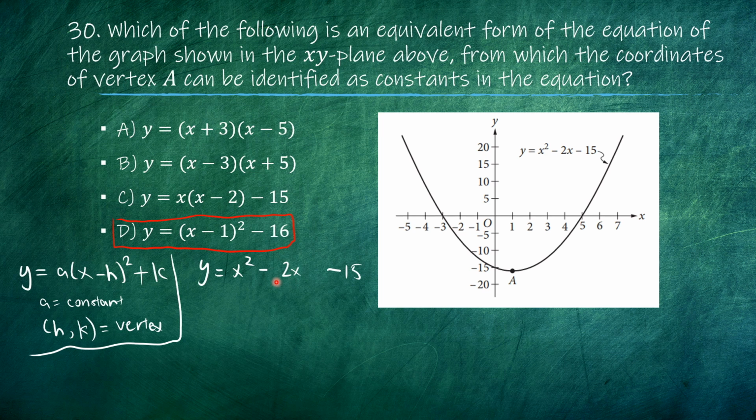The second step is that we add the coefficient in front of x divided by 2 and take its square. In this case, the coefficient in front of x is 2, so we divide that by 2 and take its square, which is equal to 1.